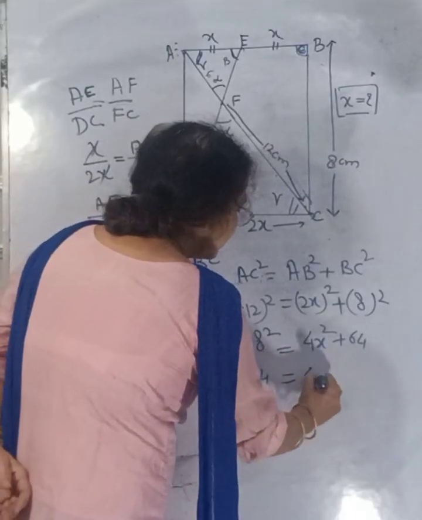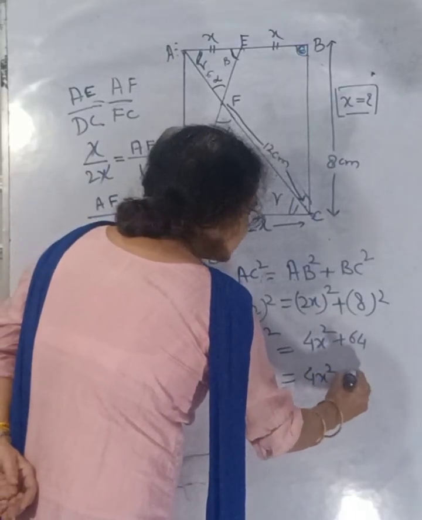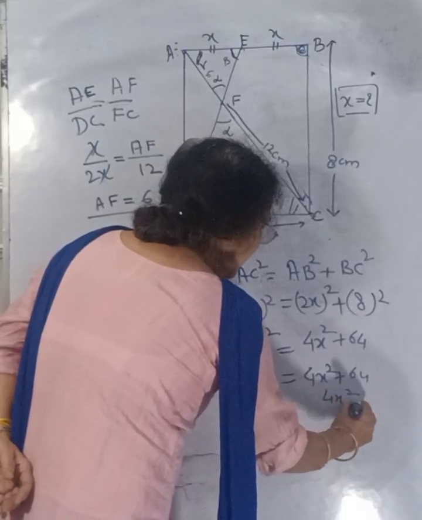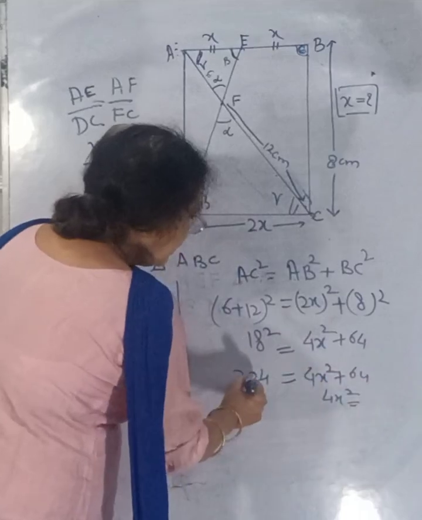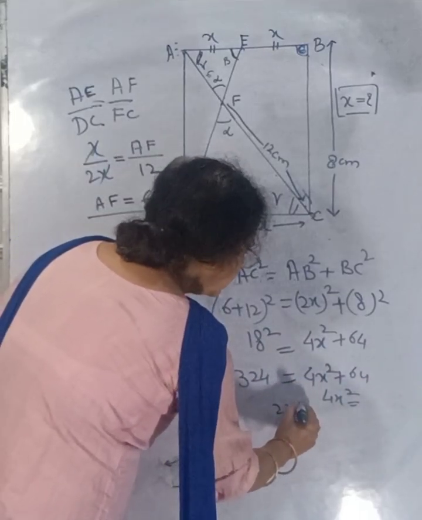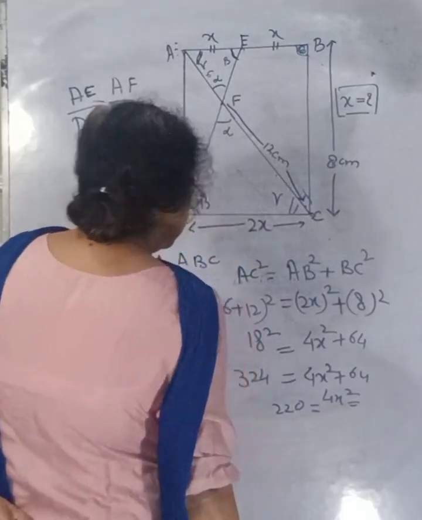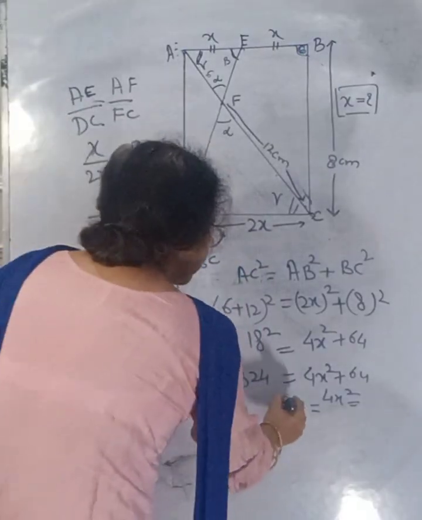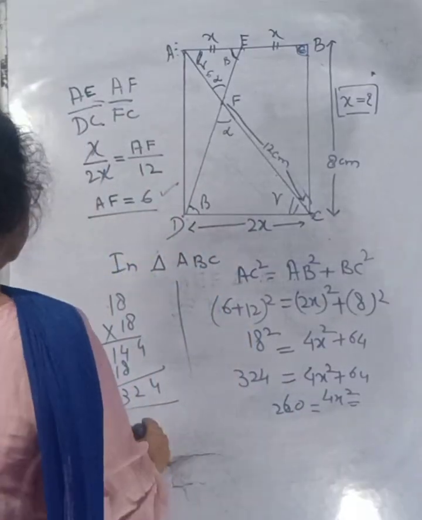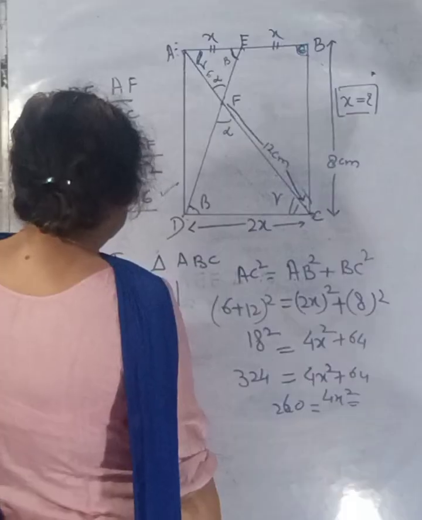This is 4x square plus 64. It means 4 times x square will be equal to 324 minus 64, that is 260.